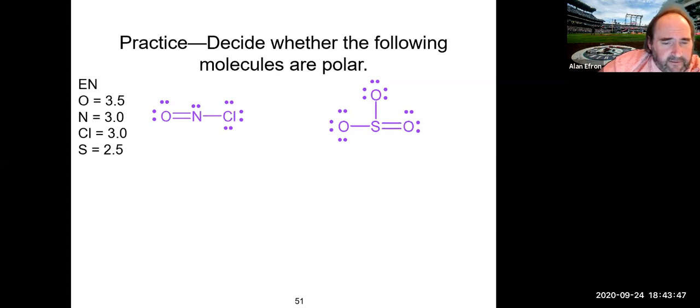If we take the difference between nitrogen and oxygen, we get 3.5 minus 3, a difference of 0.5, which means that is going to be a polar bond. So we would head towards the more electronegative, which is the oxygen. Now between nitrogen and chlorine, they are both 3, which means this is actually going to be a nonpolar bond between the nitrogen and the chlorine.